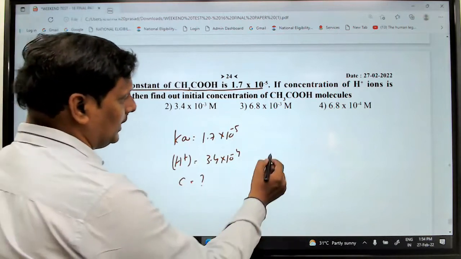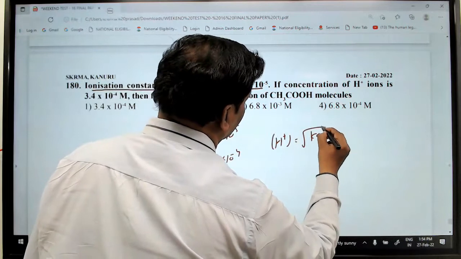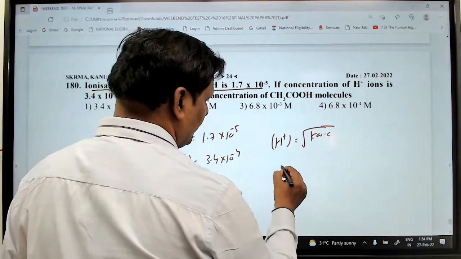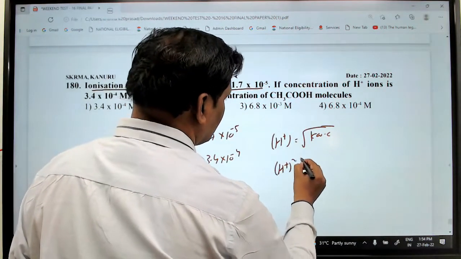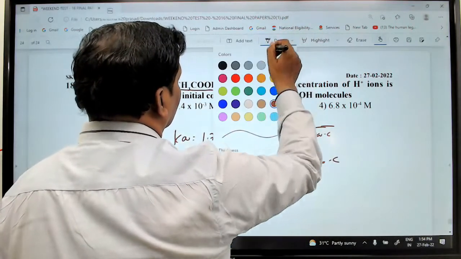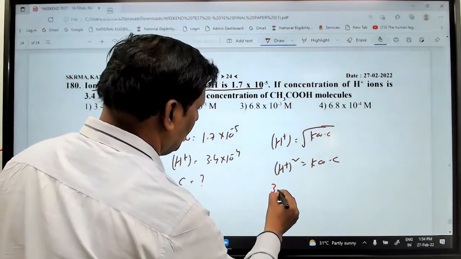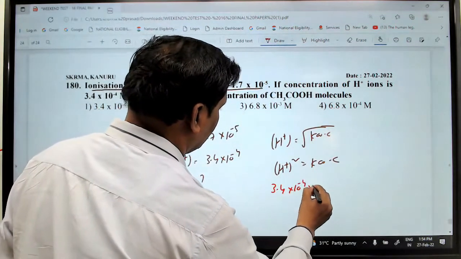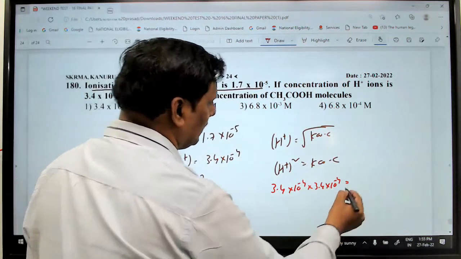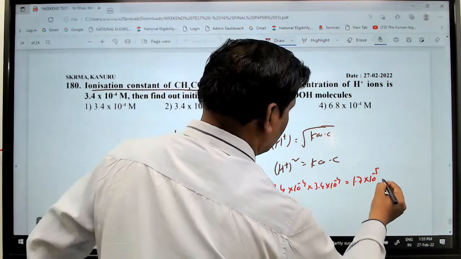For your information, H plus is equal to under root K into C. Squaring on both sides, H plus square is equal to K into C. H plus is given 3.4 into 10 power minus 4 into 3.4 into 10 power minus 4. K value given 1.7 into 10 power minus 5 into C.